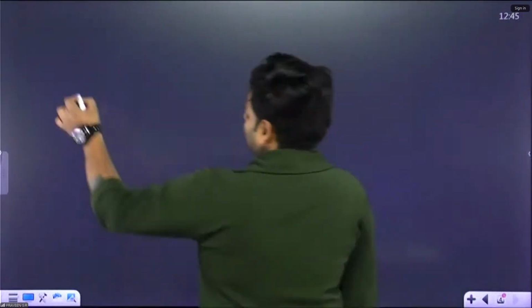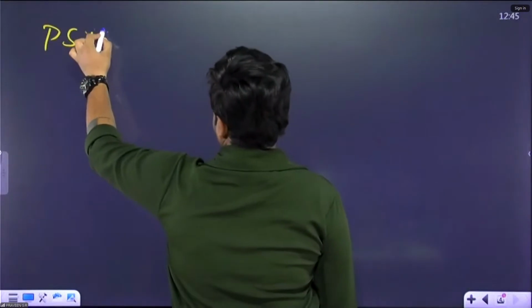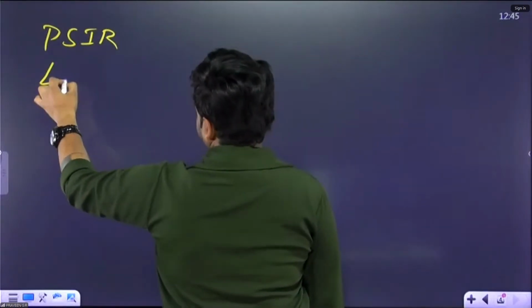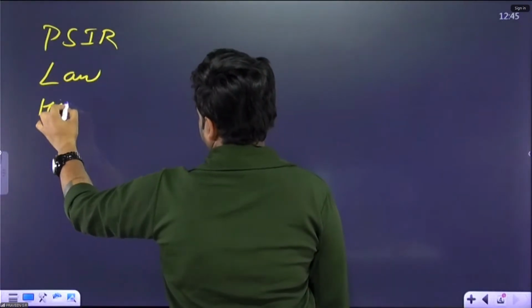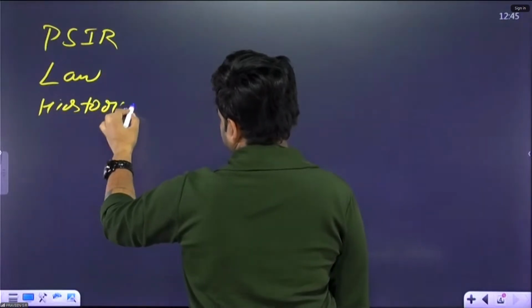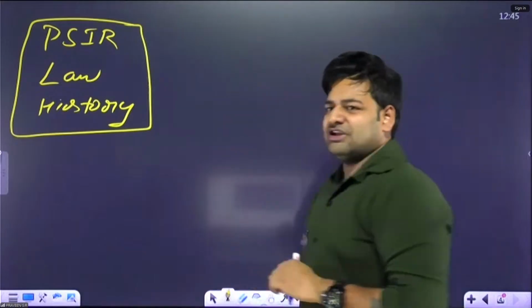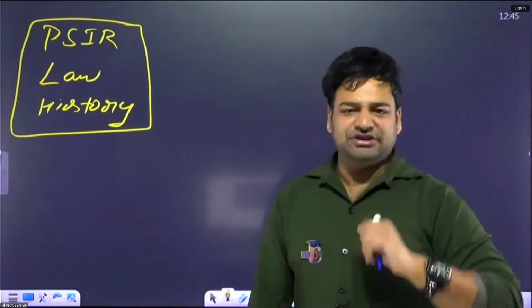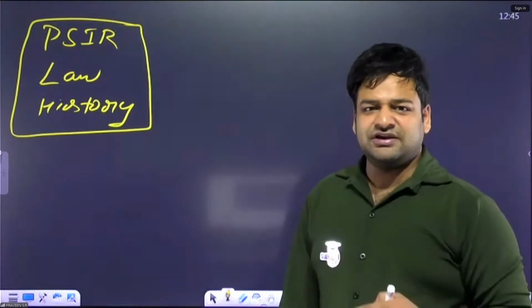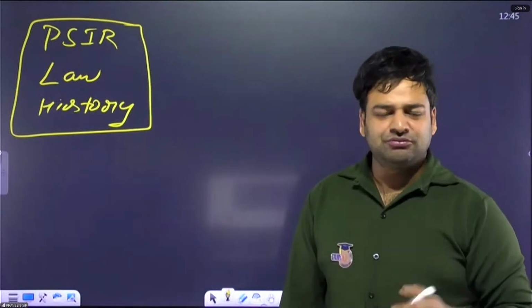Let's say, for example, you have added PSIR, you have added law, you have added history. Just for an example, I'm taking these names, right? Okay, you have 3 subjects with you, and you are confused among these 3 subjects whether I should go ahead with PSIR, with law, with history, whatsoever.